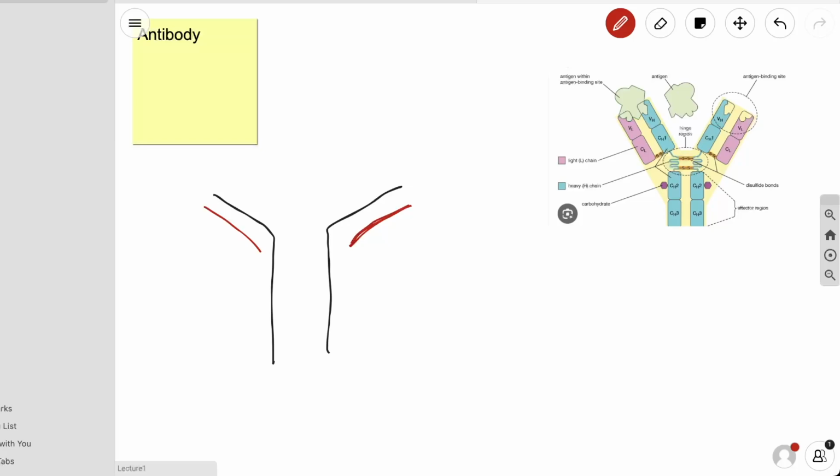So antibody has two heavy chains and two light chains. The light chains are just on top of this region, while the heavy chain runs from up to down.